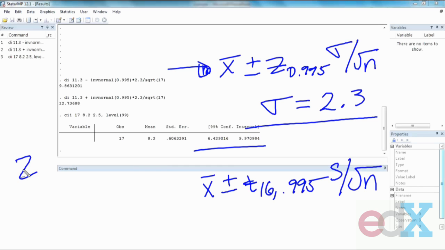Well, we know in this case that this is always going to be true, that the z distribution quantile is always going to be less than that which comes from the t distribution. Therefore, your interval based on the t distribution will always be wider if sigma and s are the same.